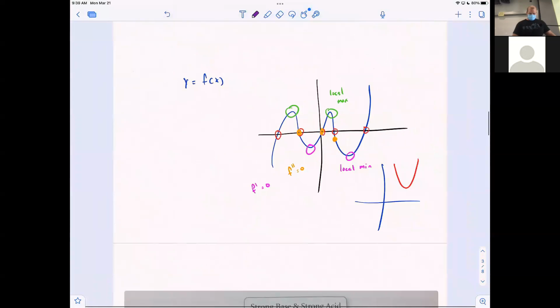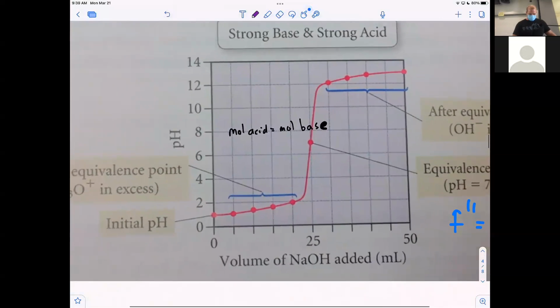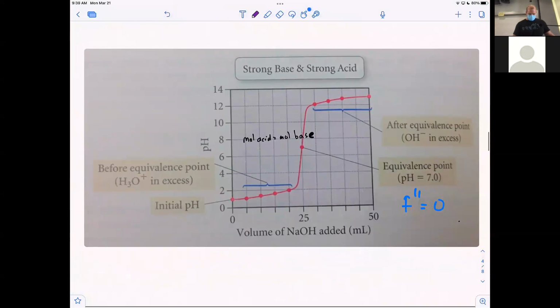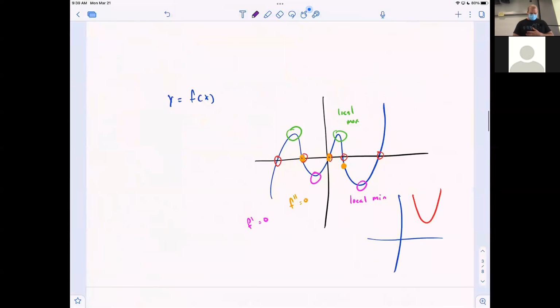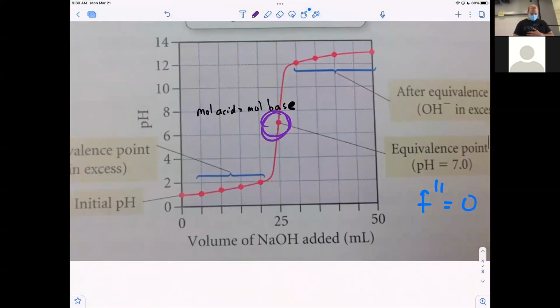So this is important, and I'm saying that because when we do a titration, like a pH curve, you can look at this and there's a point right here, the equivalence point, that is also called an inflection point. I should say when you have the concavity switch, that's known as an inflection point of a function. You have an inflection point right here.